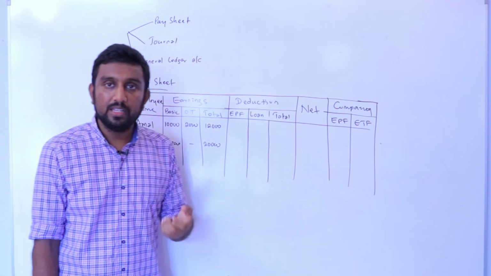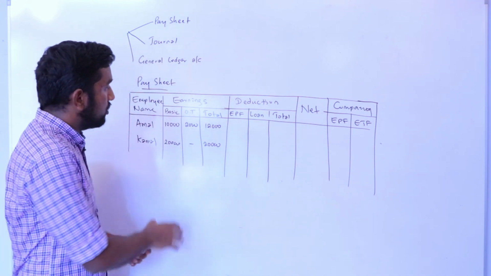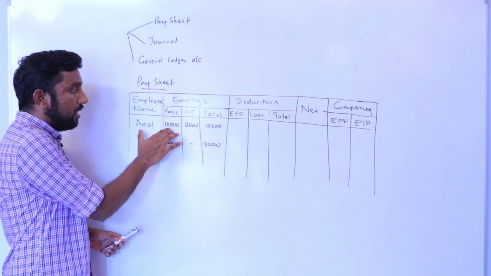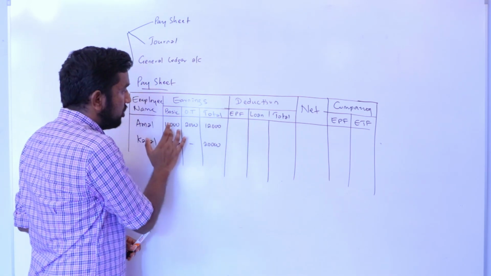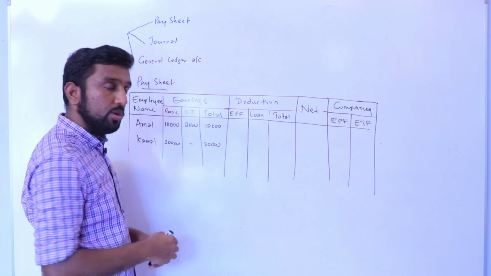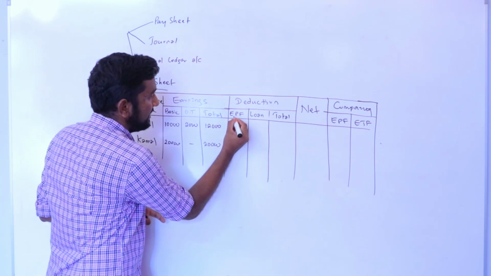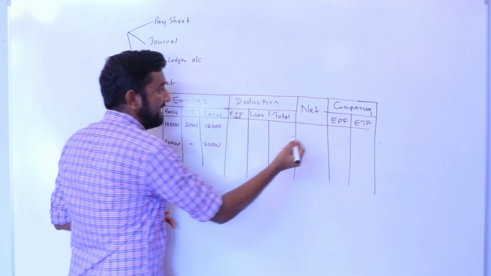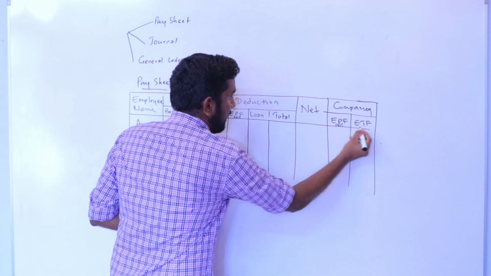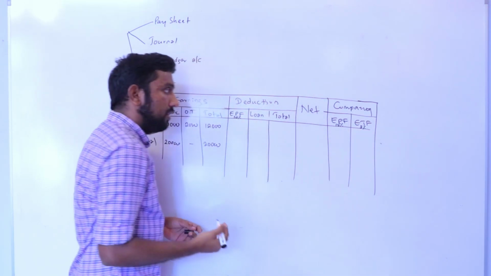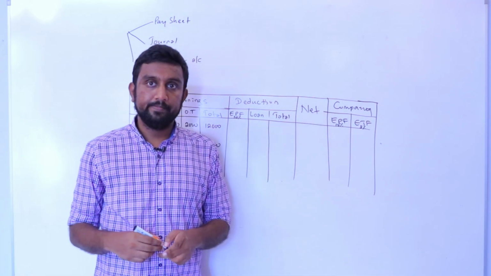So that will be given in the question itself. Fine. So I am assuming EPF contribution is on basic salary, right? And I put this as 10%, and this as 15%, and this as 3%. Let's say that is given in the question, right?